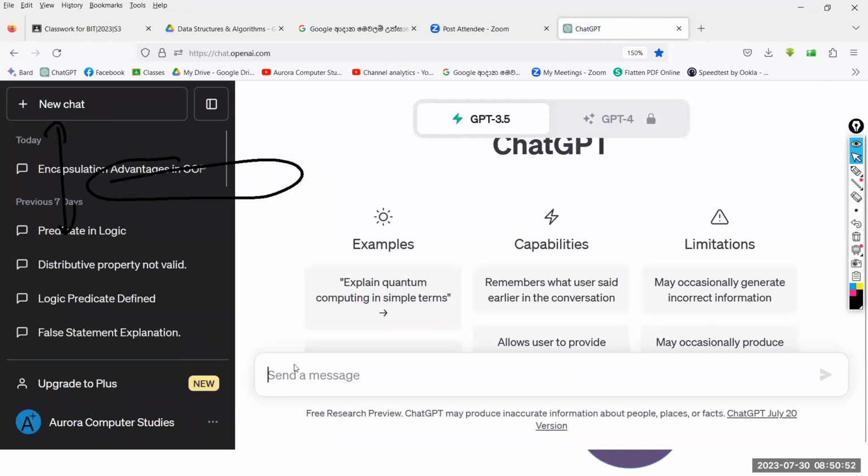But it's very important. So can you explain an object oriented system in simple words?